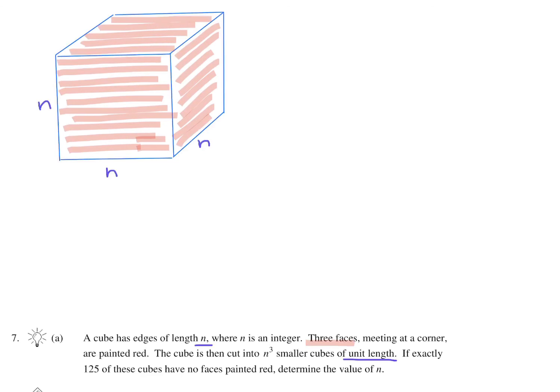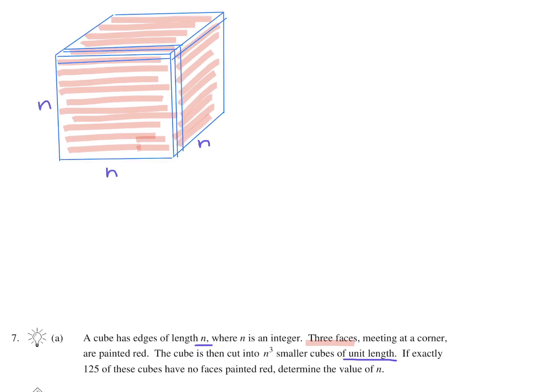So basically, they're going to make a cut like this and going down like that. You see what I mean? And then they're going to make another cut, and they're going to make several of those cuts. And that will eventually break up the giant cube into small unit cubes.